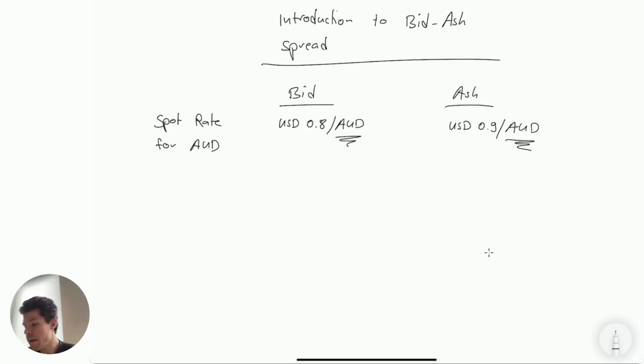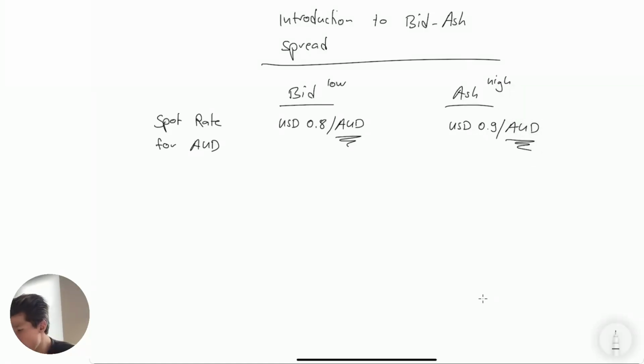AUD is the base. Market makers provide liquidity, and a market maker will buy those currencies at the bid rate, low, and sell at the ask rate, high.